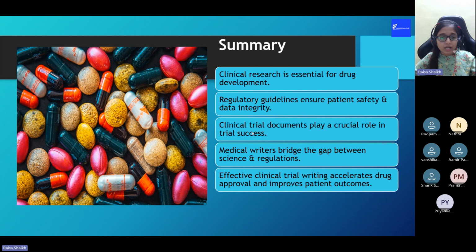So as I told you, if the writing is not clear, not correct, if there are errors, then there are multiple amendments to a document, and the process also gets delayed. So effective clinical trial writing helps in speeding up the drug approval process, because we don't have to spend so much time in submitting amendments and getting approval for the amendments.